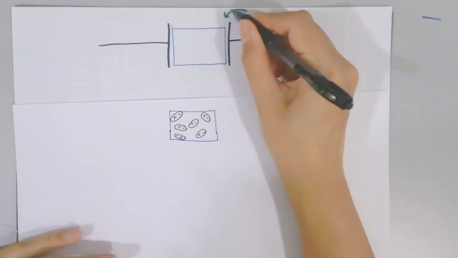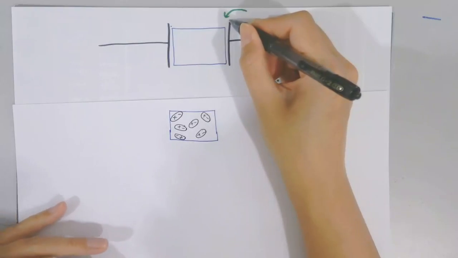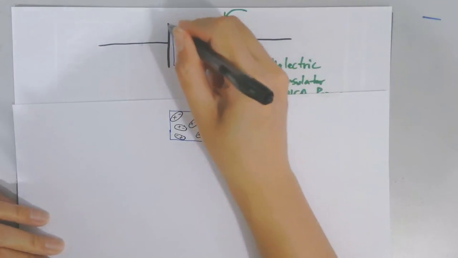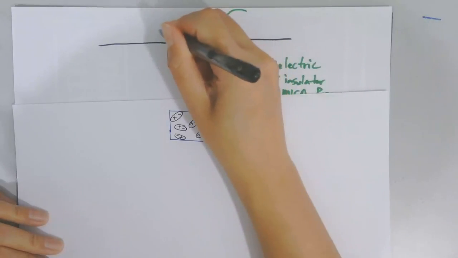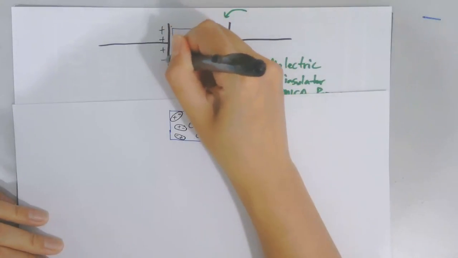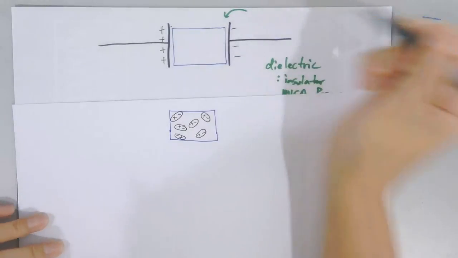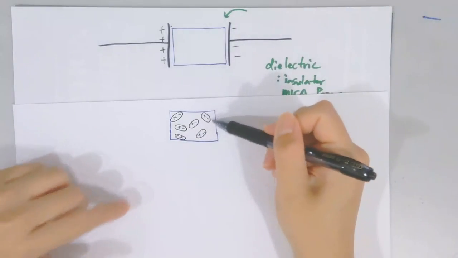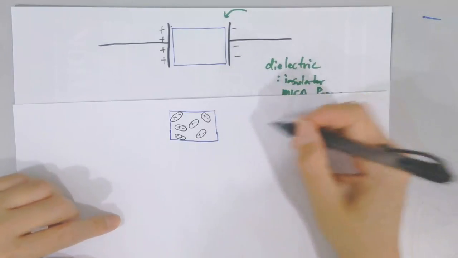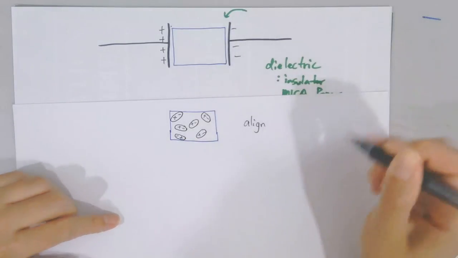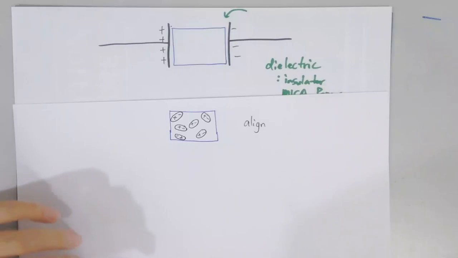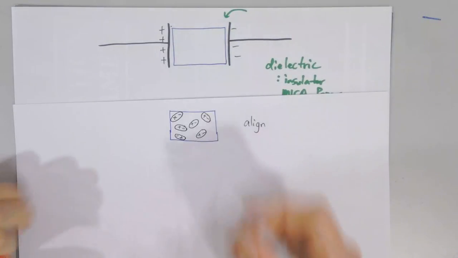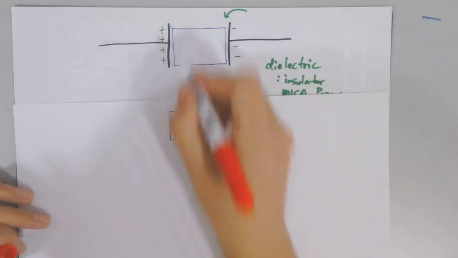But once I put this in between the capacitor, sebab untuk capacitor kita ada positive plate dan negative plate already, right? So you found that after I put it in, the dipole here will start to align. Align maksudnya dia akan tersusun dengan teratur lah.